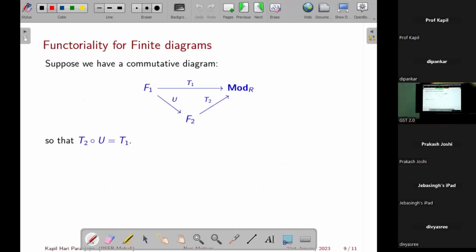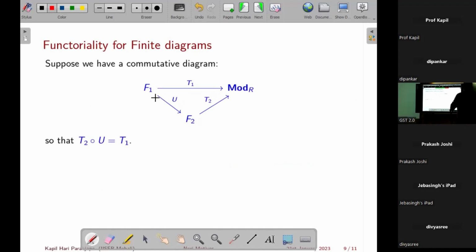Now, last time I got confused about this, I thought I would see it very clearly. So suppose you have two finite diagrams, and you have a commutative diagram like this. So this diagram is, in some sense, bigger than this diagram.